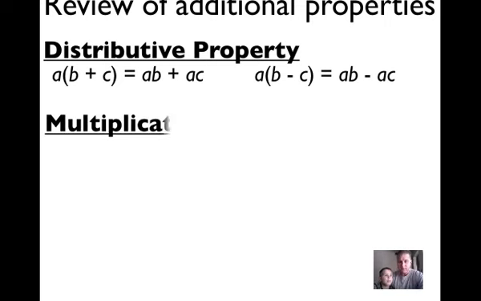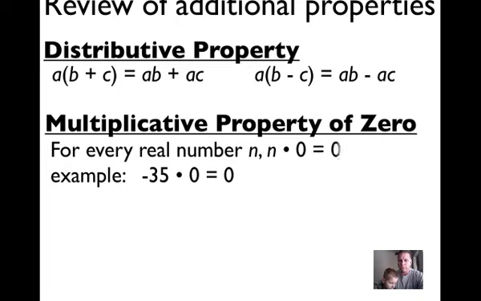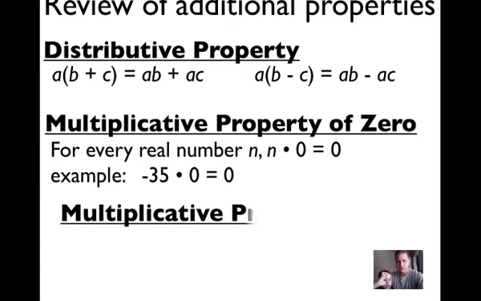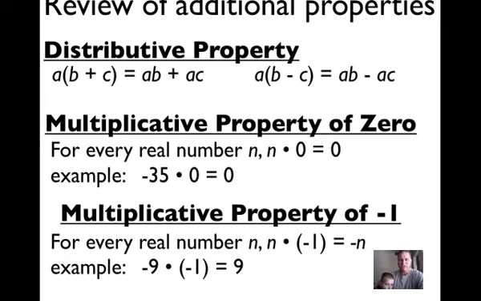Then we have the multiplicative property of 0. For every real number, n times 0 equals 0. So basically all that means is whenever you multiply by 0, what do you get? 0. Next we have the multiplicative property of negative 1. For every real number, n times negative 1 equals negative n.